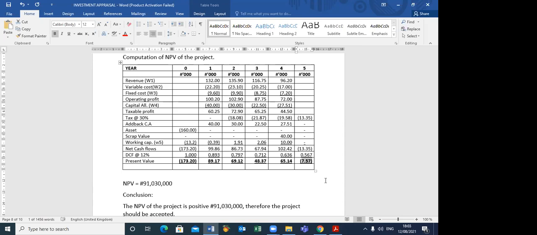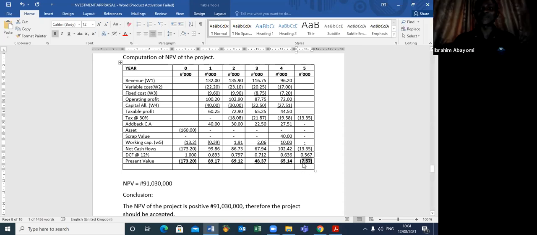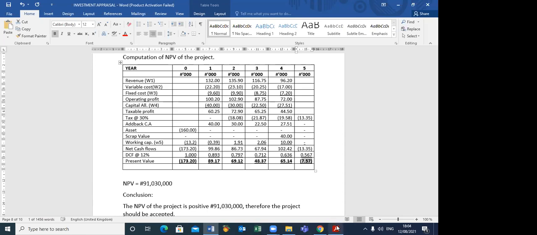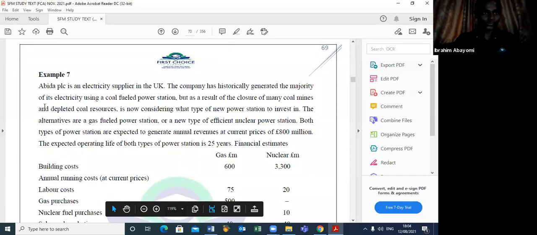I think I made a mistake. That's 13.35 times 1. Okay, you added, maybe you mistakenly added that 7.57 as part of the positive value. No, I made a mistake. Okay, let us continue.